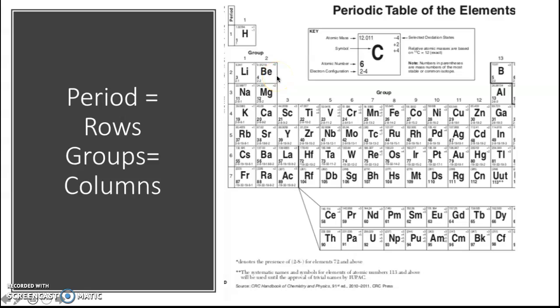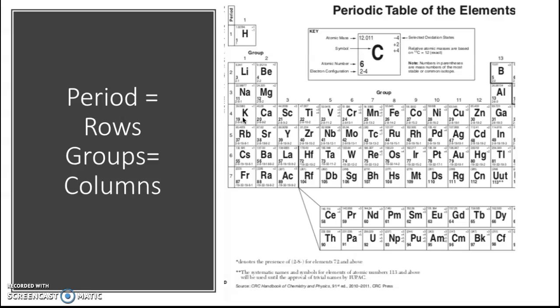And within each group, if you take a look down a certain group, like group 1, look at the electron configuration to see what they have in common. You'll notice they all have the same number of valence electrons, the same outer electron number. Exactly. So periods are rows, columns are groups, right?